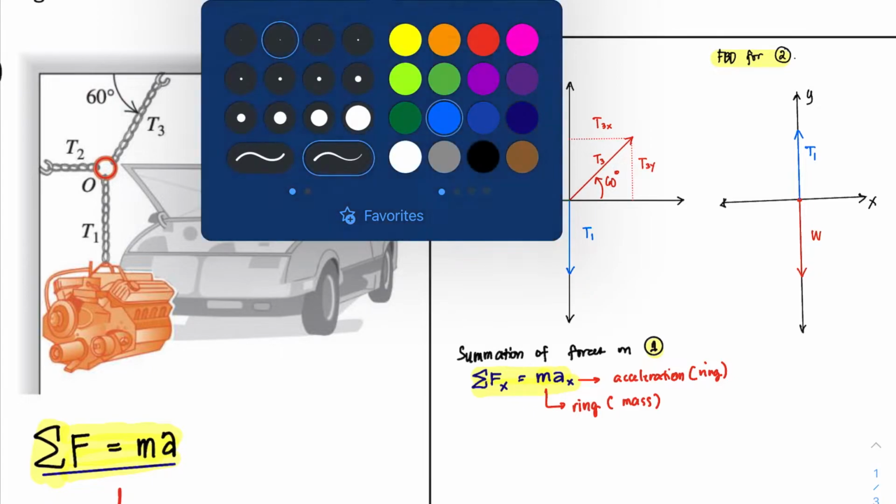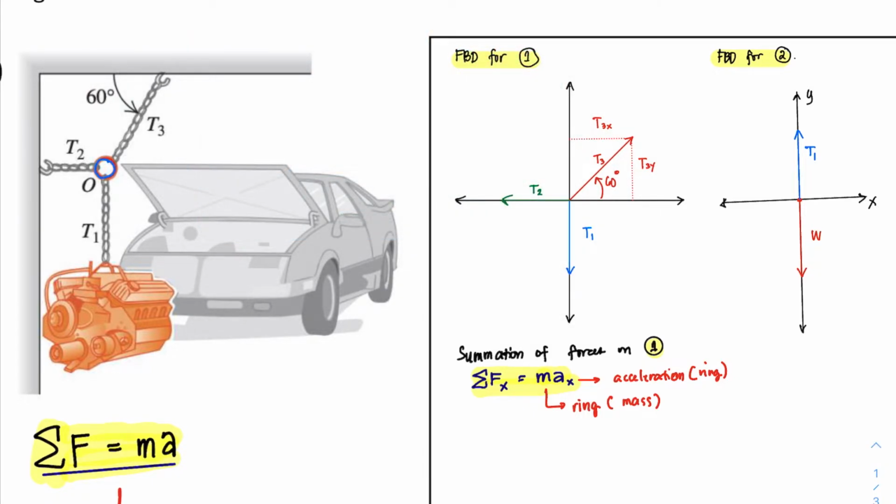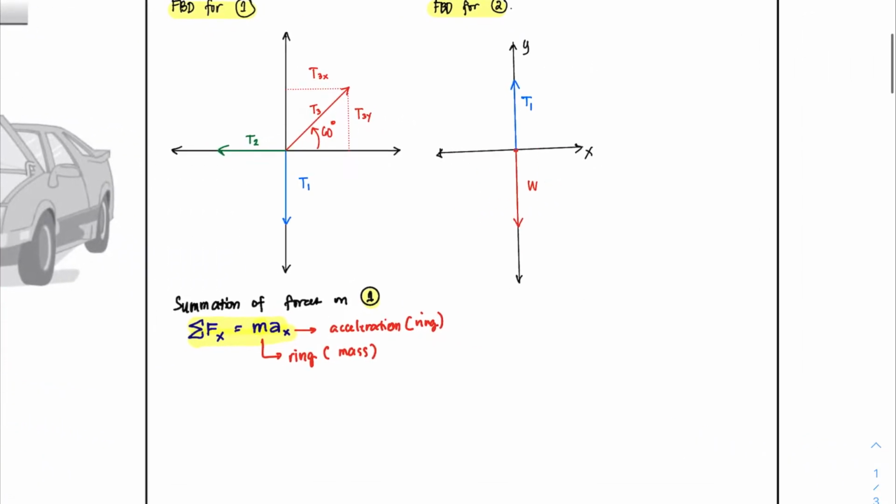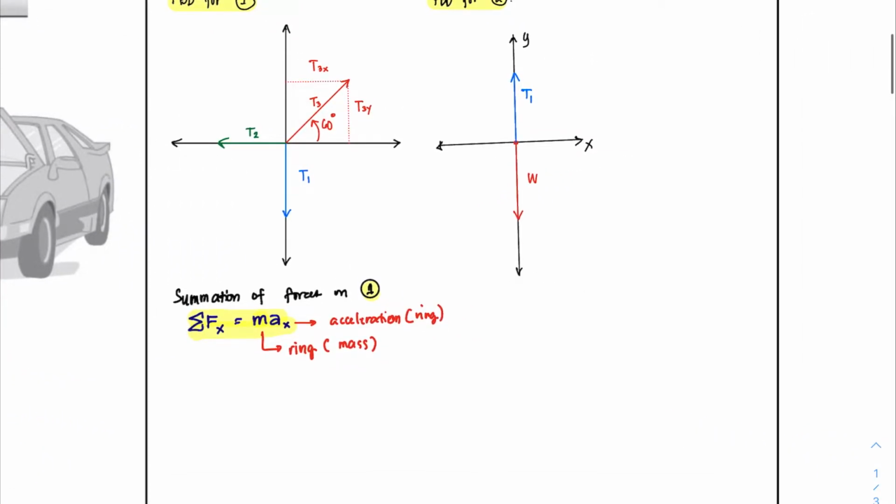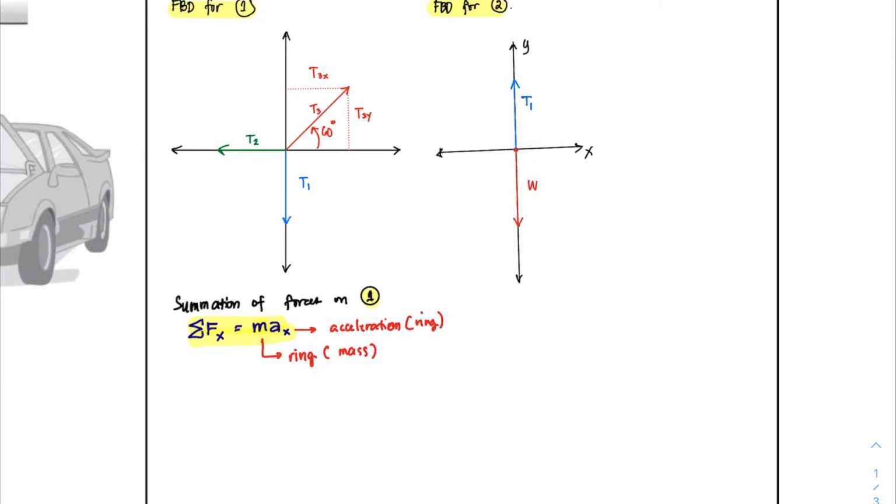So in this case, for body 1, we are talking about the ring where the three forces are interacting, namely T1, T2, and T3. So when you take this equation, the mass and acceleration refer to the ring. That holds true also for other examples, as you will see later.